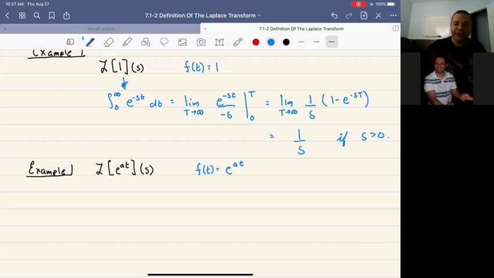We're going to take that transform, which is the integral from 0 to infinity of e to the negative st times e to the at dt. Now this is almost the exact same integral that we just did.